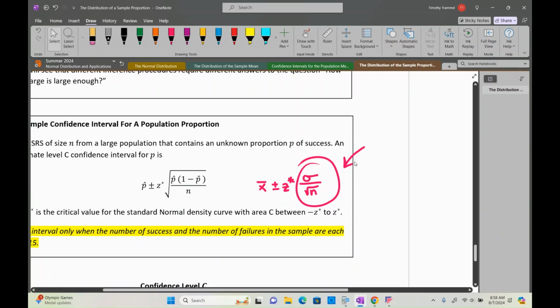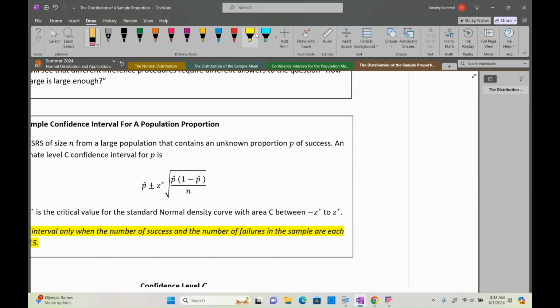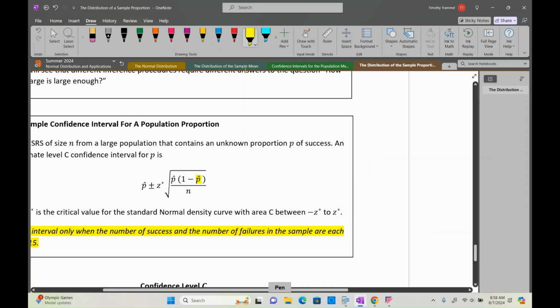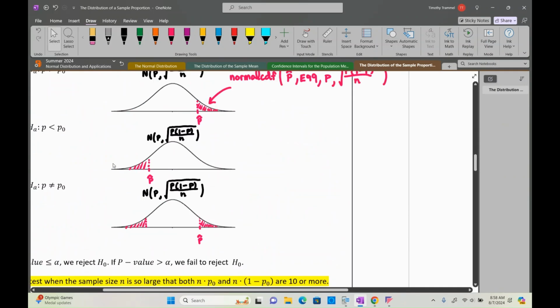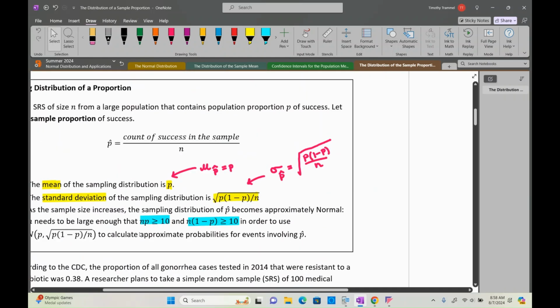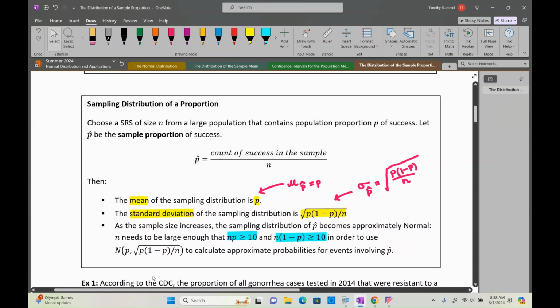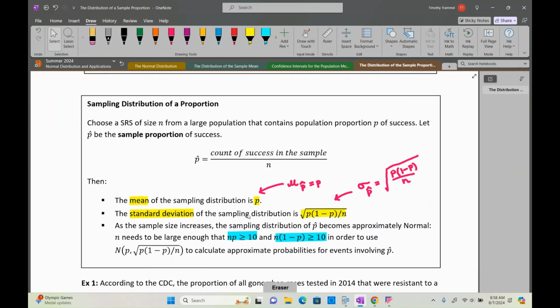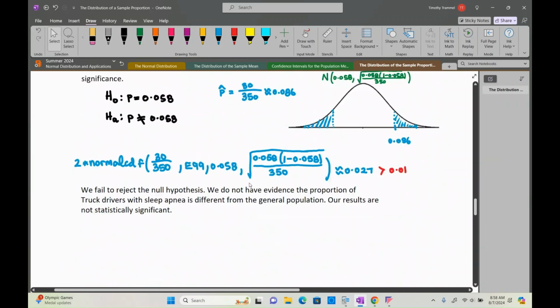Now that you see that these have really the same form, the only other thing I want to note is that we're using p hat here instead of p. If we scroll up in our notes and look at our standard deviation formula for the sampling distribution, we can see that p is actually there, not p hat. There's a reason for this.